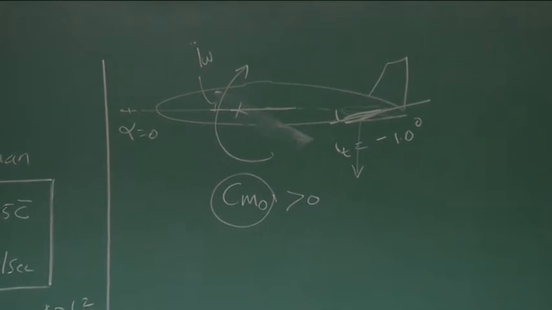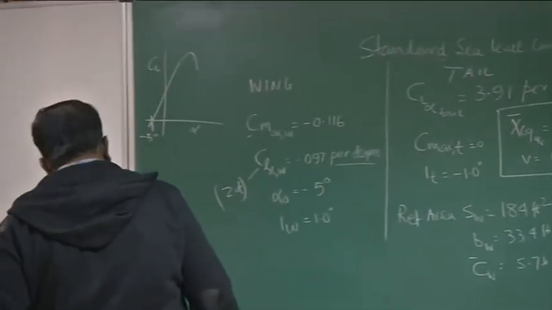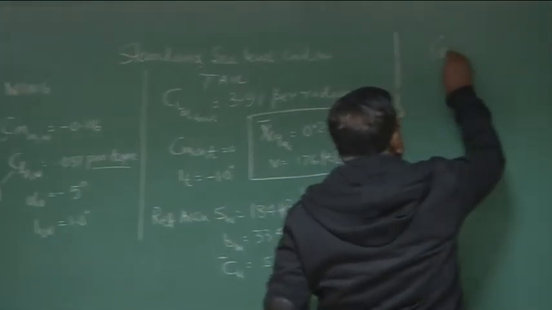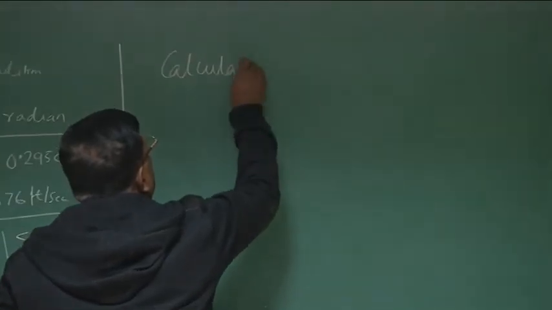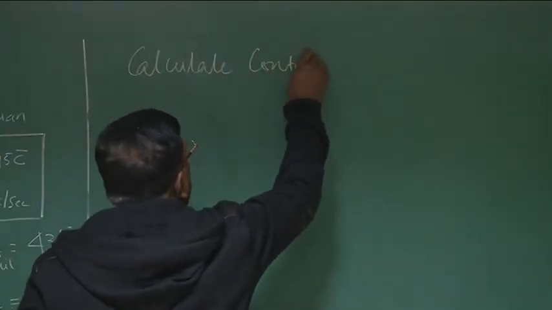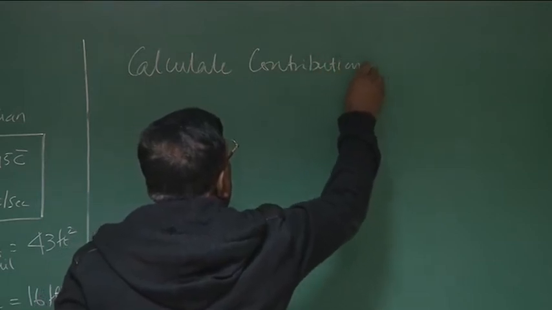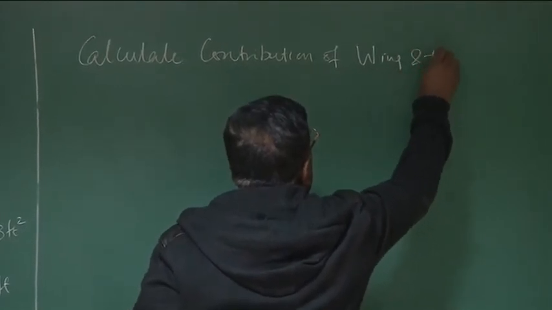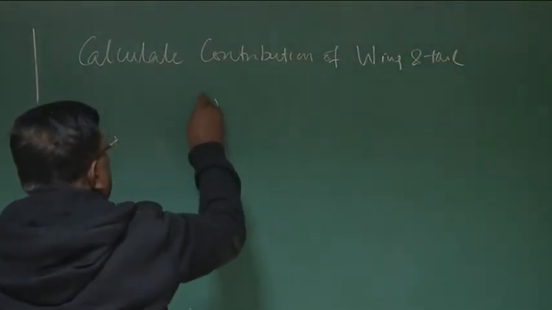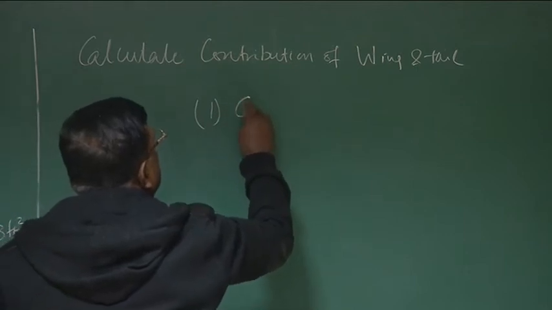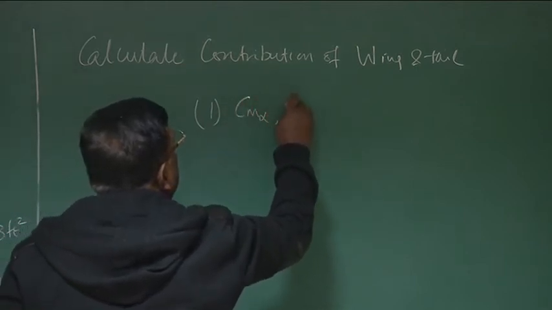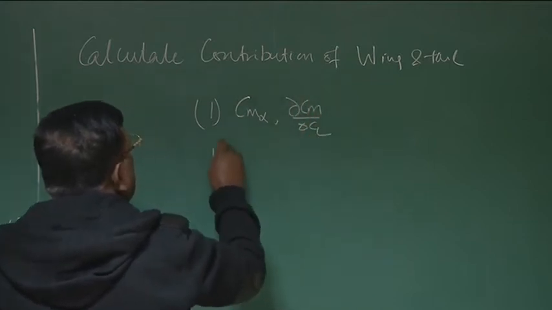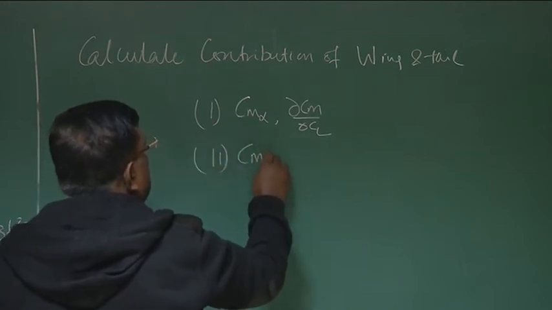Okay. So this is the description of the airplane. What is the task? The task is to calculate the contribution of wing and tail for Cm alpha, or dCm by dCl, whatever you want to compute, and second for Cm naught.